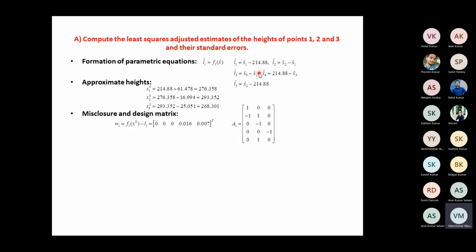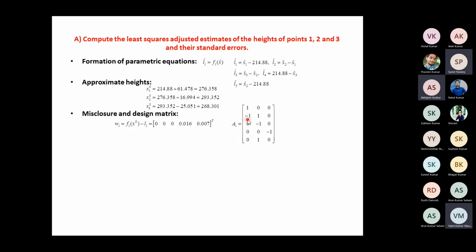Similarly, for the third observation, it is x3 minus x2. Oh, no, something is wrong. You can see it is wrong here.